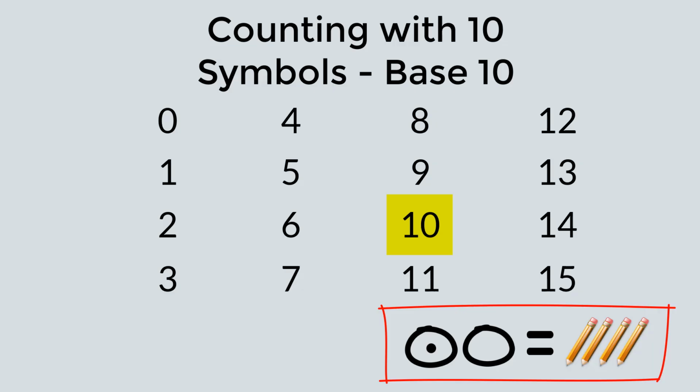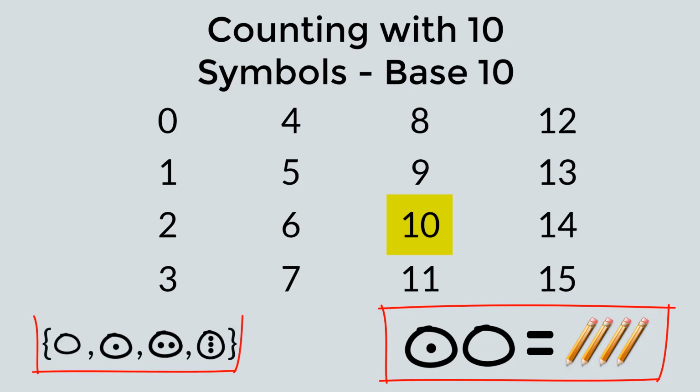But here, 1, 0 means 1 group of 4 and 0 extra ones. This system is called base 4 because it uses 4 symbols. The base tells us how many symbols are available before we move to the next position. Here, the base is 4 because we have 4 symbols.